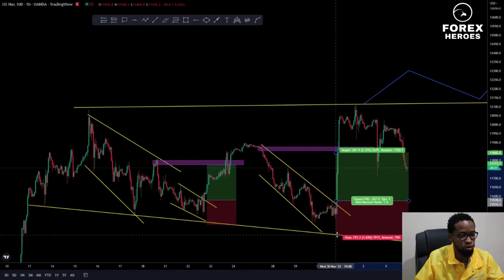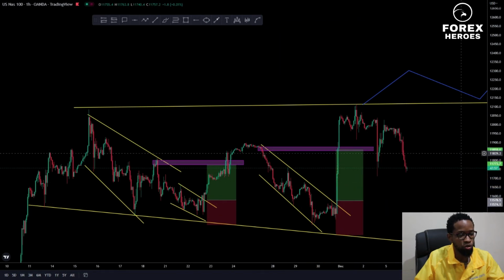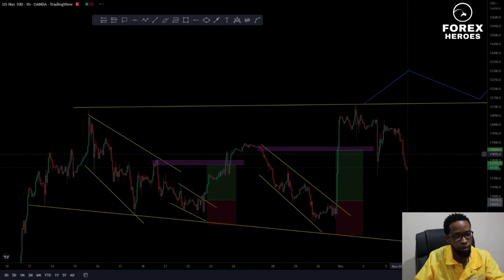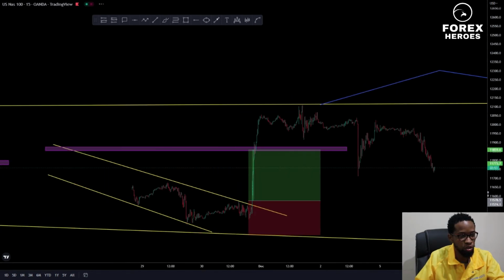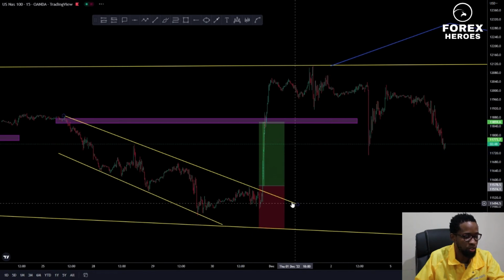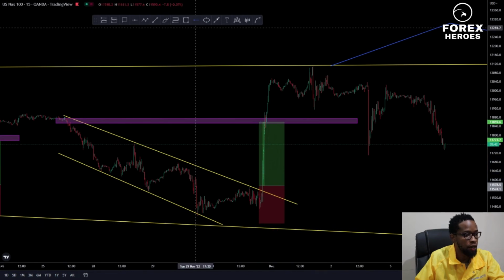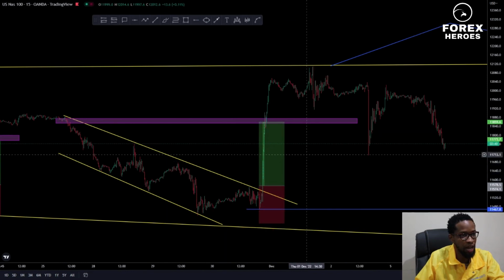The TP was hit. Stop loss. Always place your stop loss in the right place. You rather risk less so that you put your stop loss in the right place. Don't ever put stop loss based on the amount of money you are losing. So you rather reduce your lot sizes and put your stop loss based on the low or the previous high.